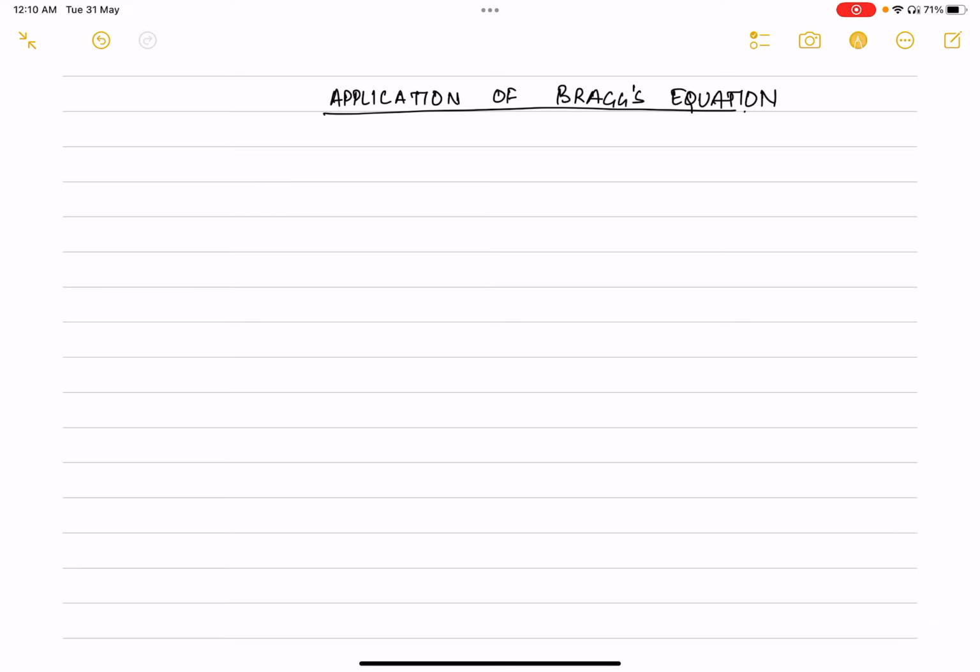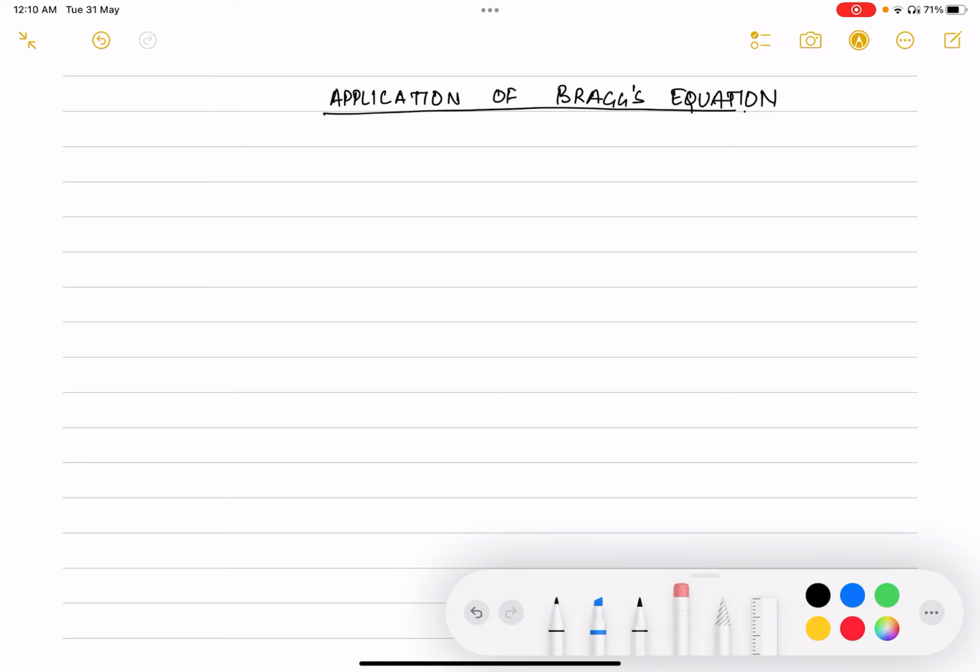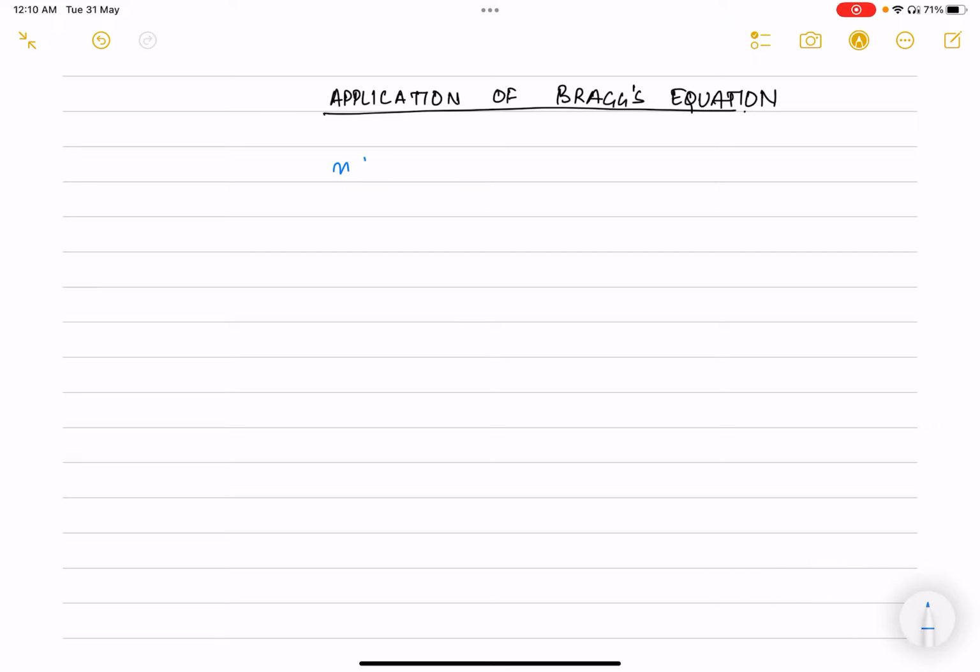Now this Bragg's equation as written is n lambda is equals to 2d sine theta, where this n is the order of the reflection. Lambda is the wavelength of incident X-ray.